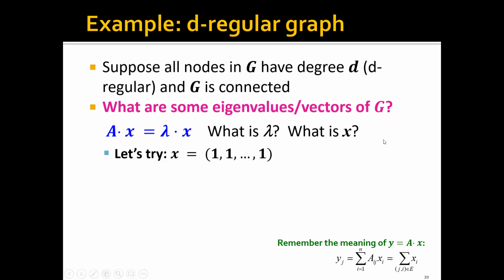Let's try to set X to a vector of all ones. We can see that in this case, A times X is actually equal to a vector of all Ds.